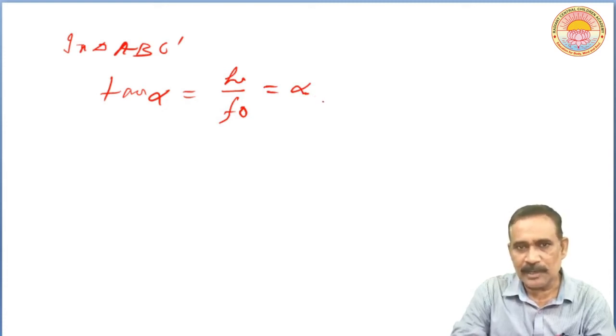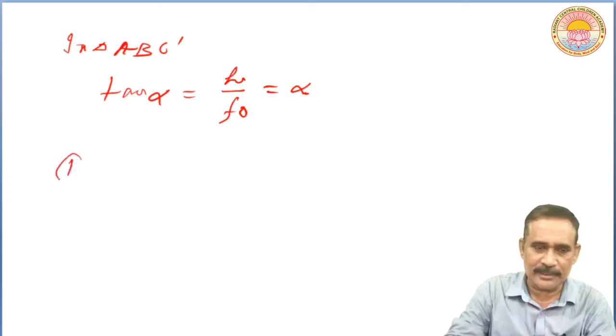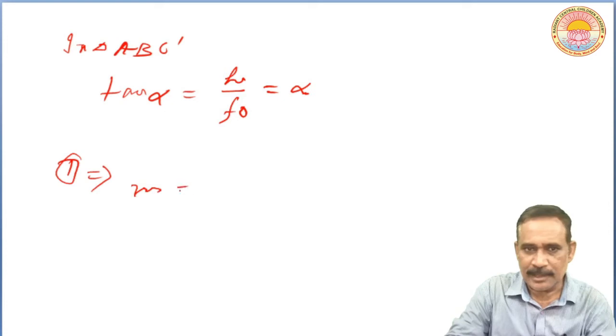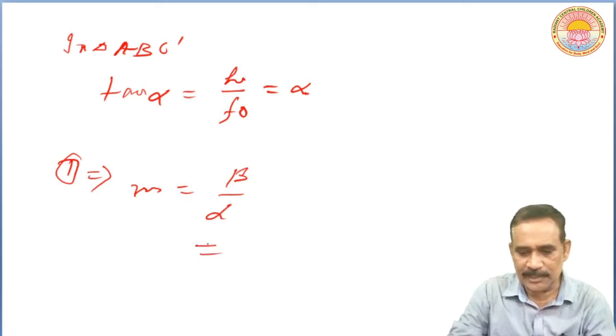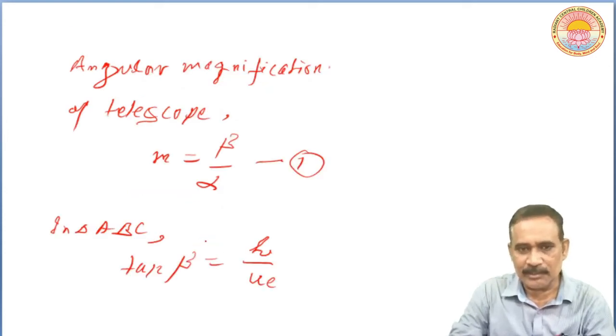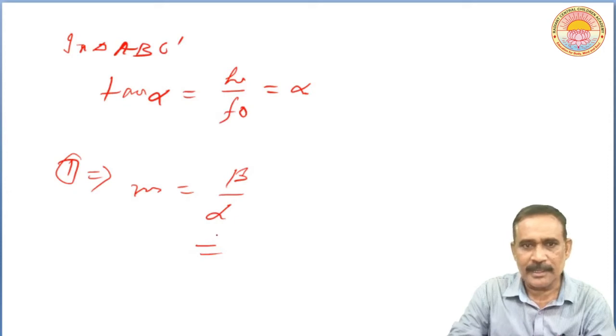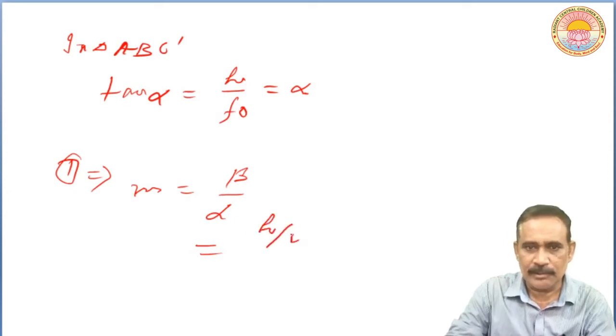Now you put these values in the first equation. From the first equation, the angular magnification m equal to beta by alpha. First you put the value of beta, h upon UE, upon alpha, which is h upon FO.